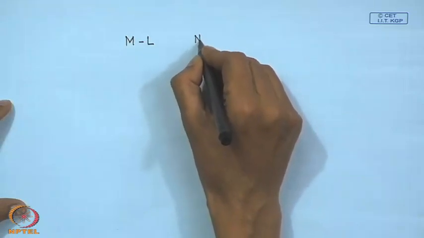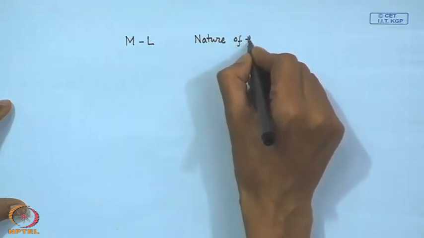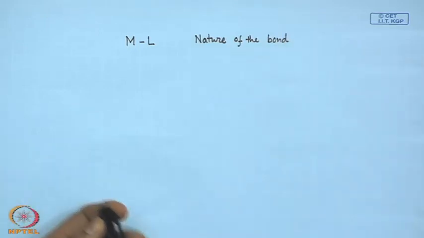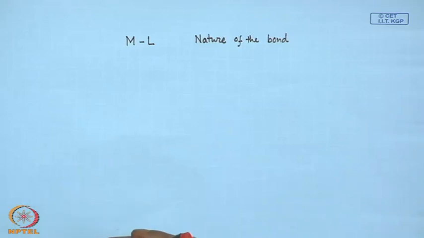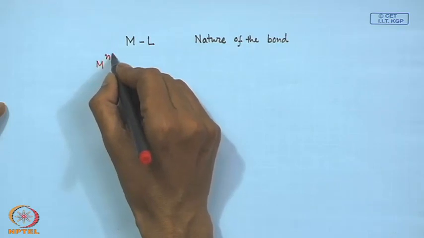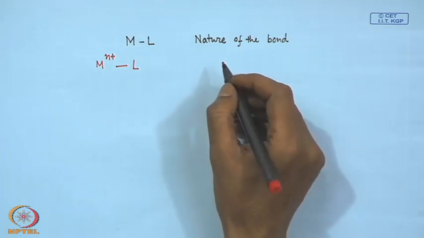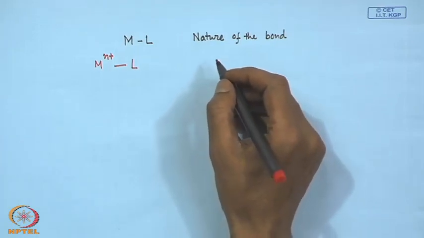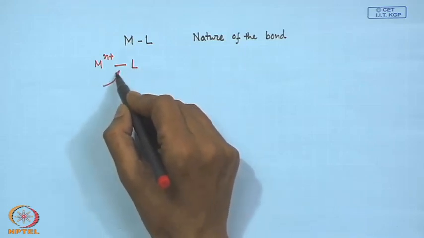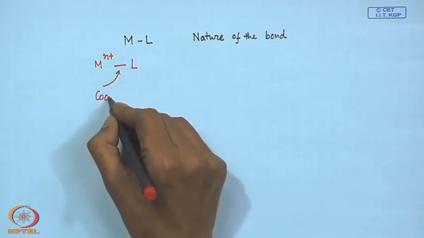That means the nature of the bond, which always plays some important role, because once we have the metal ion, it can form with the ligand, whether the ligand is a neutral one or an ionic one, it can form the corresponding bond.